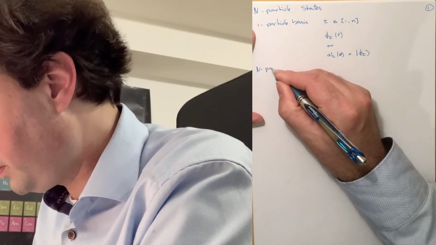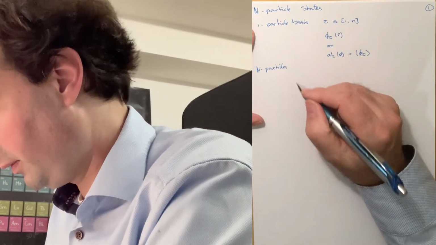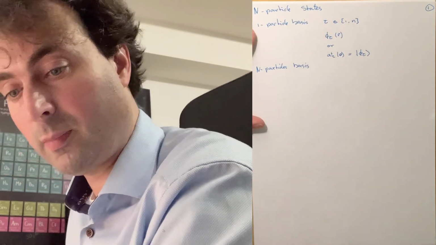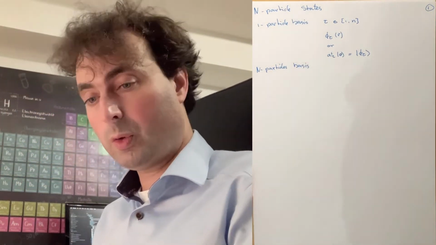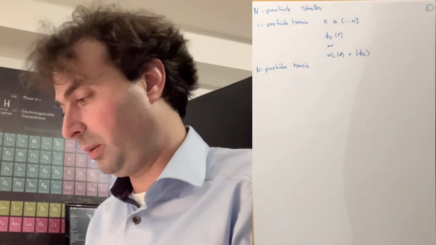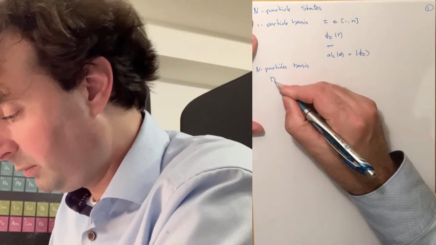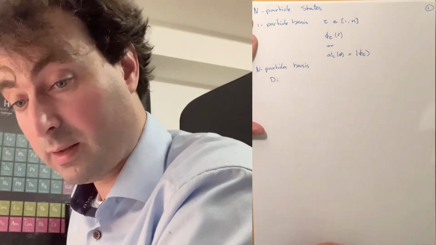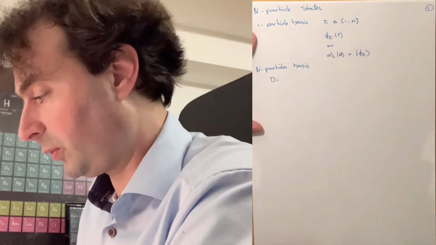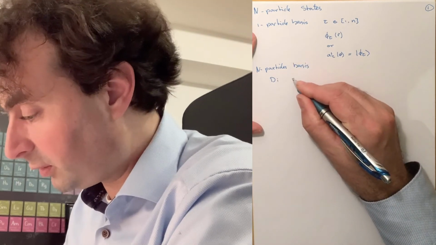When we have n of such particles, then we can define an n-particle basis. And for that we can choose capital N single particle basis functions and occupy them with electrons. And we do this, of course, fulfilling the Pauli principle, but writing things in second quantization that is immediately fulfilled. So we can define a subset out of all possible orbitals of n particles.